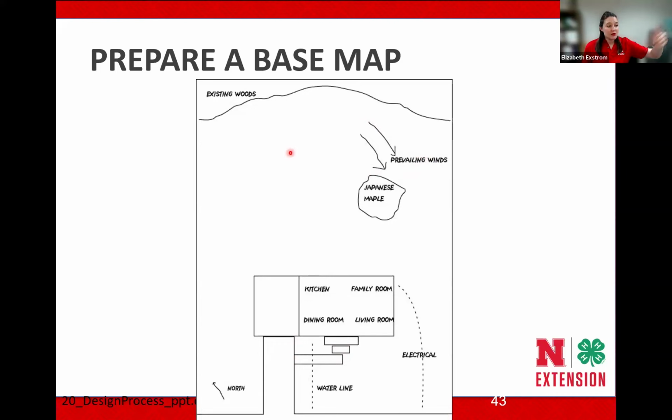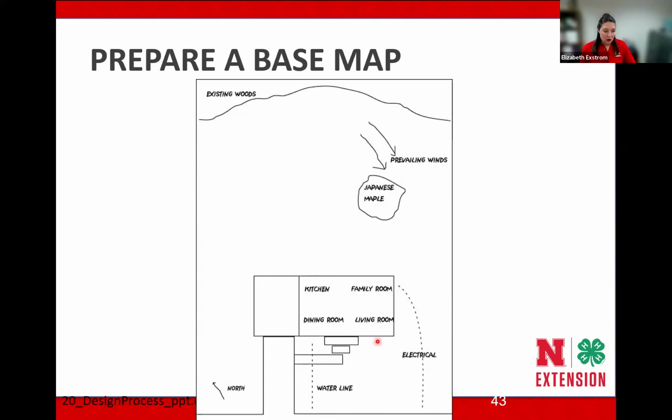So for the most part, our winter winds are going to come from the north and west, and our summer winds are going to come up from the south and west. We need to make sure that we know if we want to maintain a line of vision outside of these doors and windows, or if we want to screen them. Do you want to be able to look out your living room window?